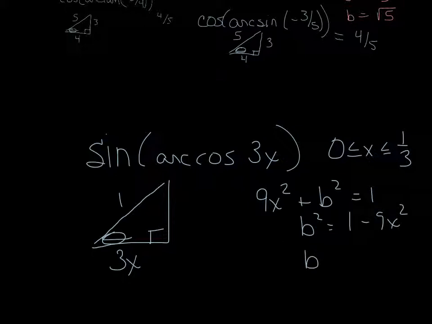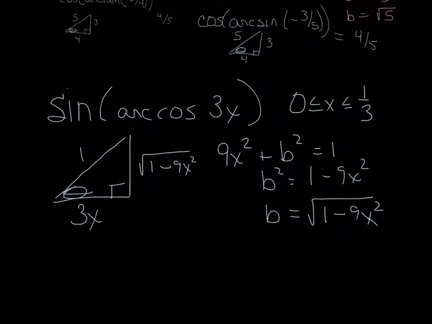So b equals, or you can call that y, or whatever you want to call the side, the square root of 1 minus 9x squared. And no, you cannot simplify that. So this side is the square root of 1 minus 9x squared. So what is the sine of the arc cosine of 3x? Square root of 1 minus 9x squared. And that is the answer.